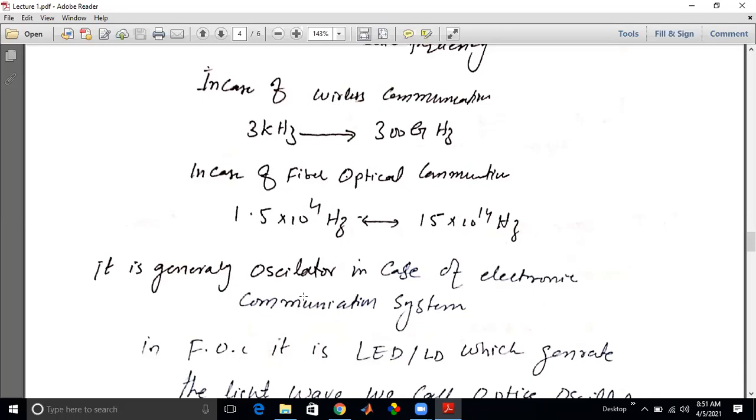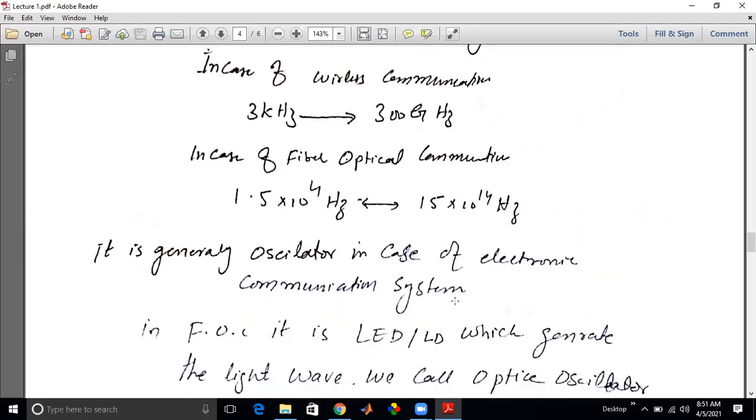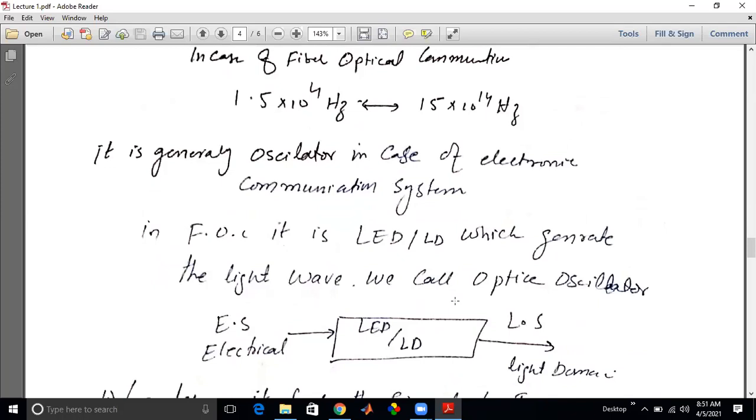Generally these are oscillators in the case of electronic communication systems, the Hartley and Colpitts. In the case of optical fiber, we will use LED and LD, meaning light emitting diode and laser diode.